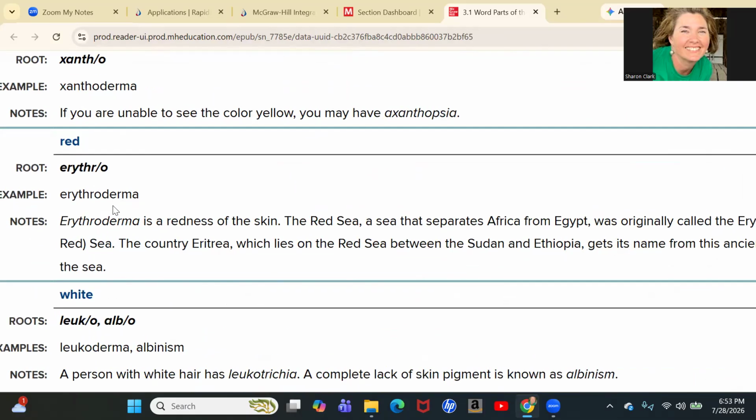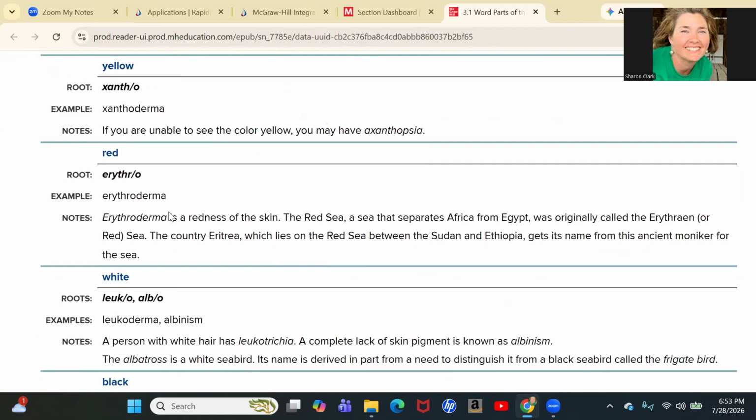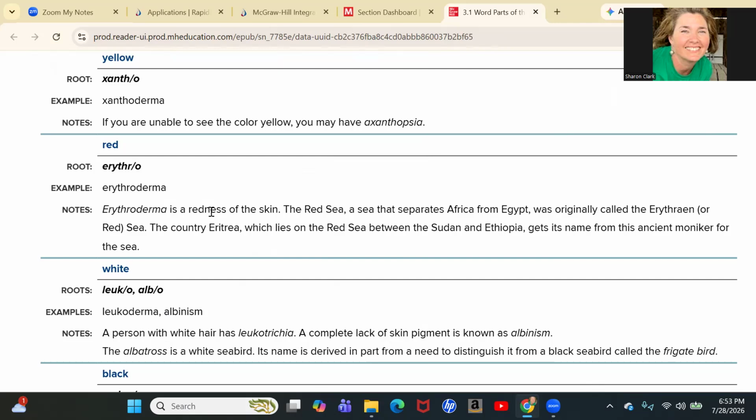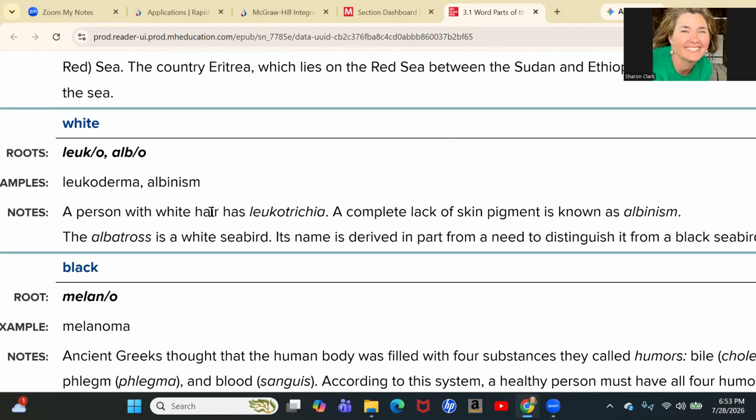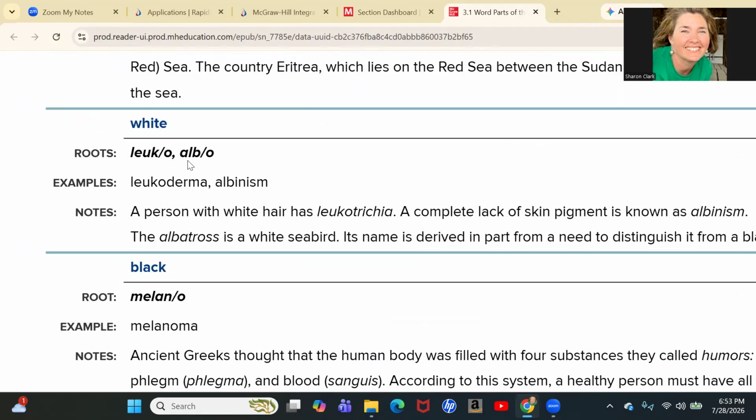Erythro here means red, so erythroderma, that is the reddening of the skin. And there again, there's a whole lot of other diseases related to that. Leuko means white, or albo. Albo here means white. So leukoderma, whitening of the skin.